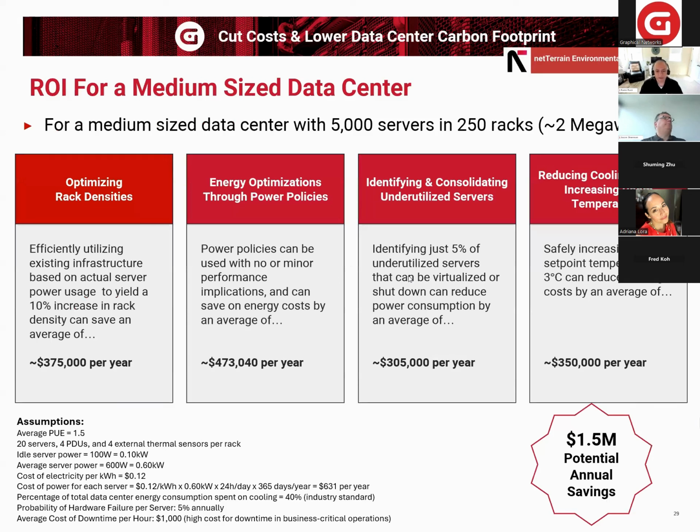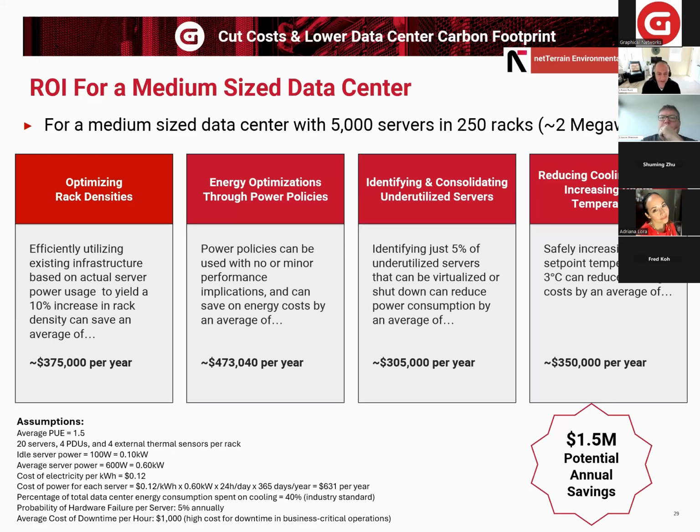Definitely. Okay. And then this last slide just shows you what I was alluding to, is that there's many use cases of this module. Most of them reflect CapEx or OpEx savings. And if you combine those use cases for a medium-sized data center, that could potentially add up to millions of dollars worth of savings.